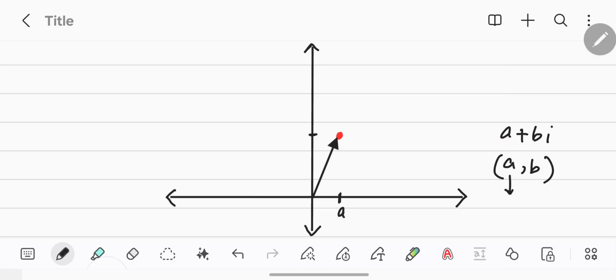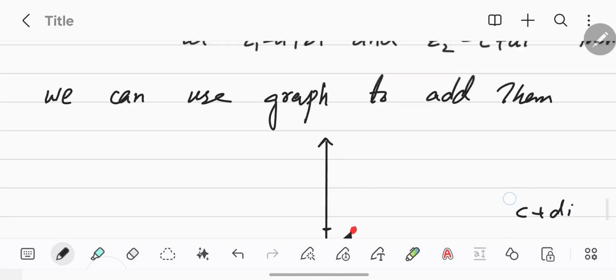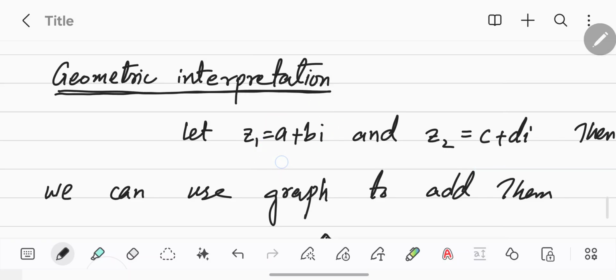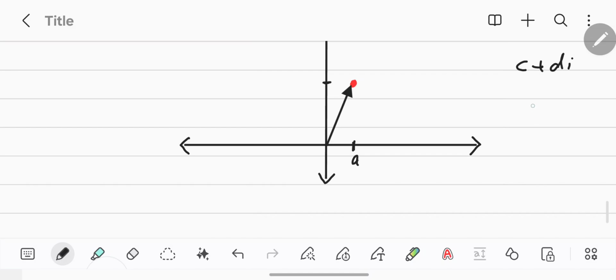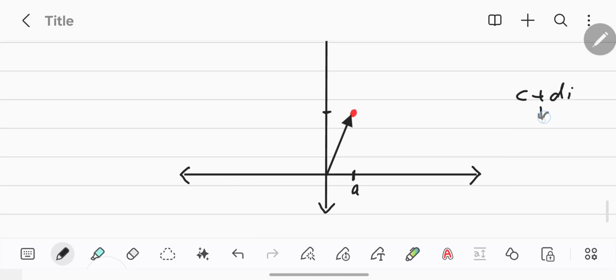Now suppose that we have c plus d iota, because we have two complex numbers, a plus b iota and c plus d iota. First of all, write it as an ordered pair. Suppose this is along the x-axis, along the horizontal line. Suppose this is c, and suppose this is d somewhere.